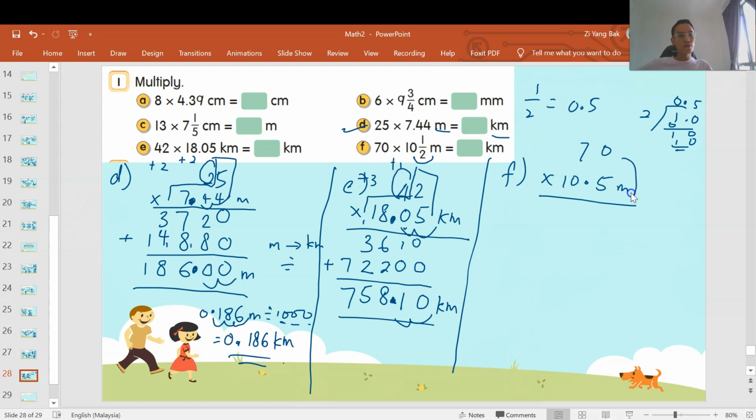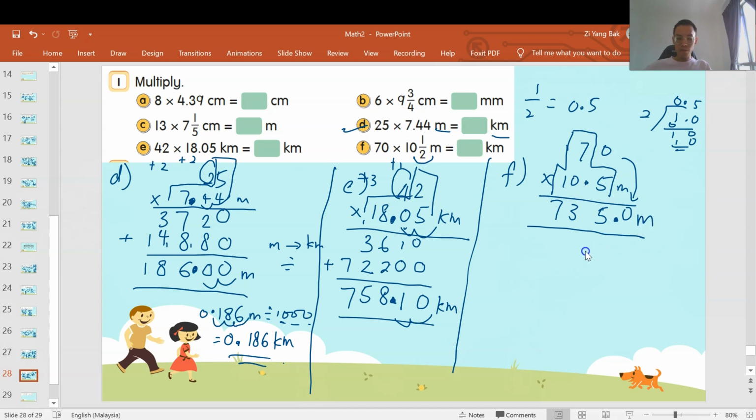I will bring down the 0 first, and then I just use 7 times 105. 7, 5, 35. The next one is 0, so I write 35. 7, 1, 7. 1 decimal place, meter.